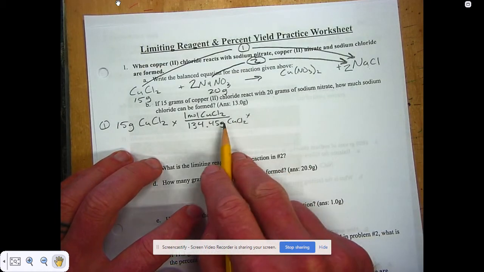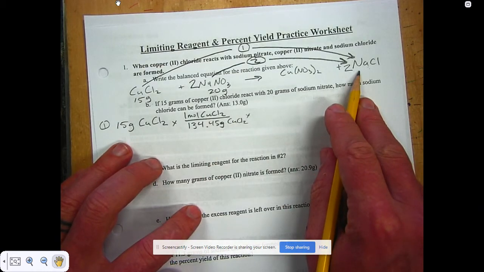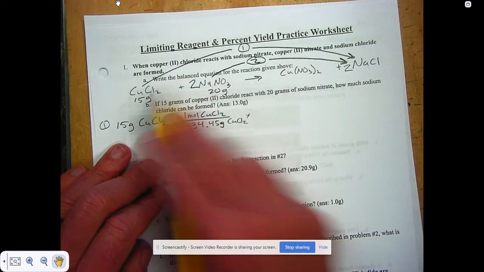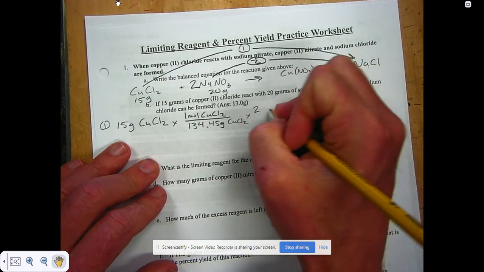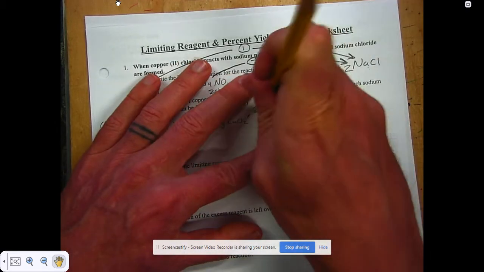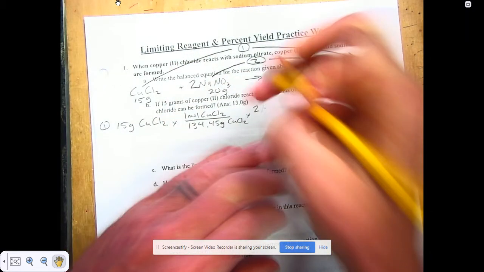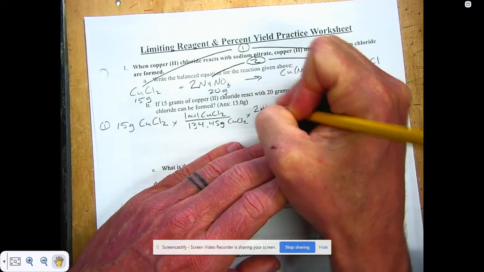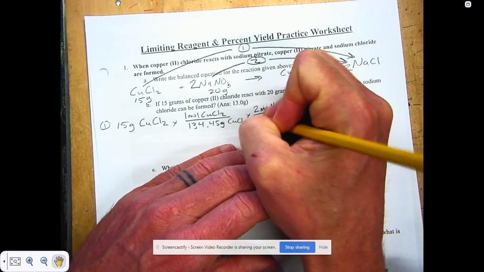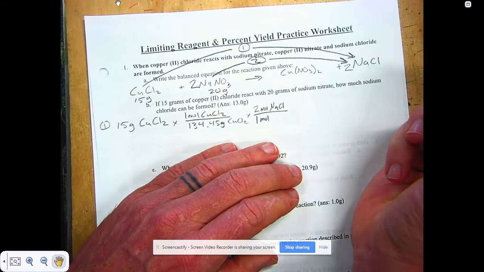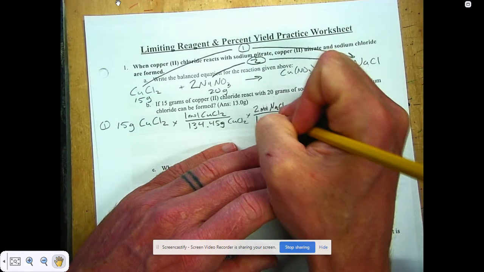If we look at the mole ratio between sodium chloride and copper 2 chloride, it looks like 2 to 1: 2 moles of sodium chloride for every 1 mole of copper 2 chloride.